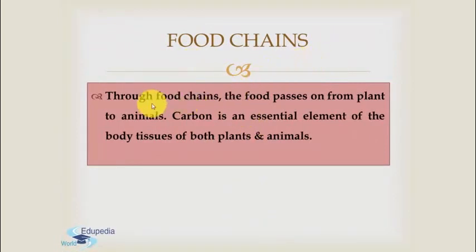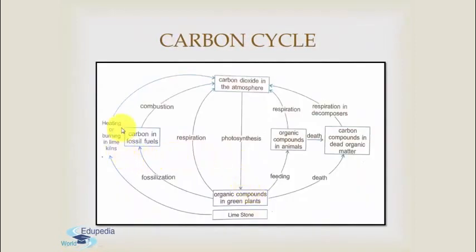Through food chains, the food that is containing carbon in the carbohydrates and other products passes on from plants to animals. Carbon is an essential element of the body tissues of both plants and animals. Carbon dioxide is also present in water bodies.